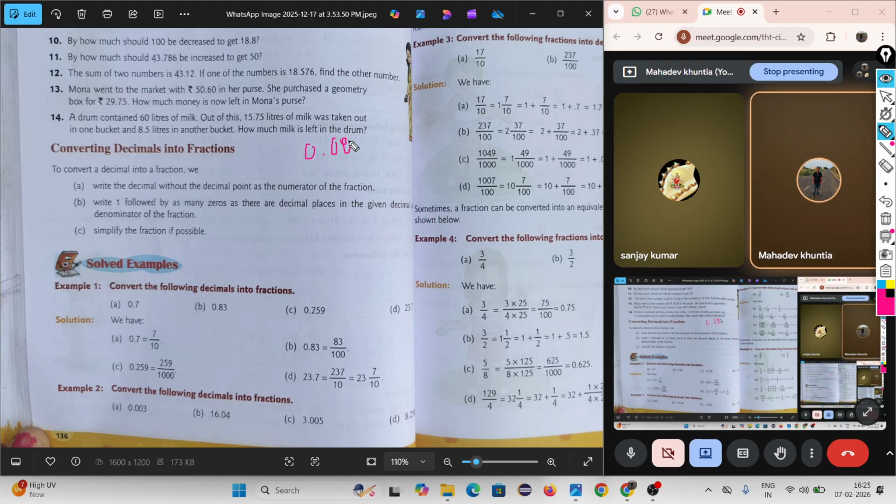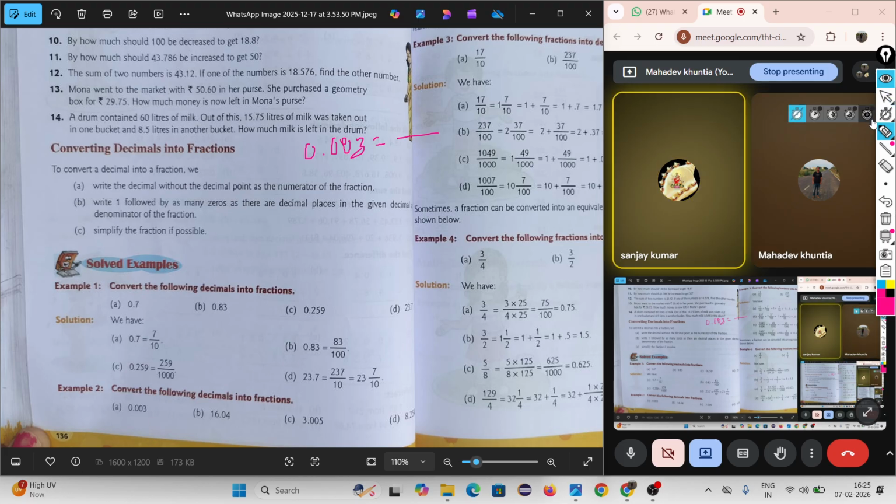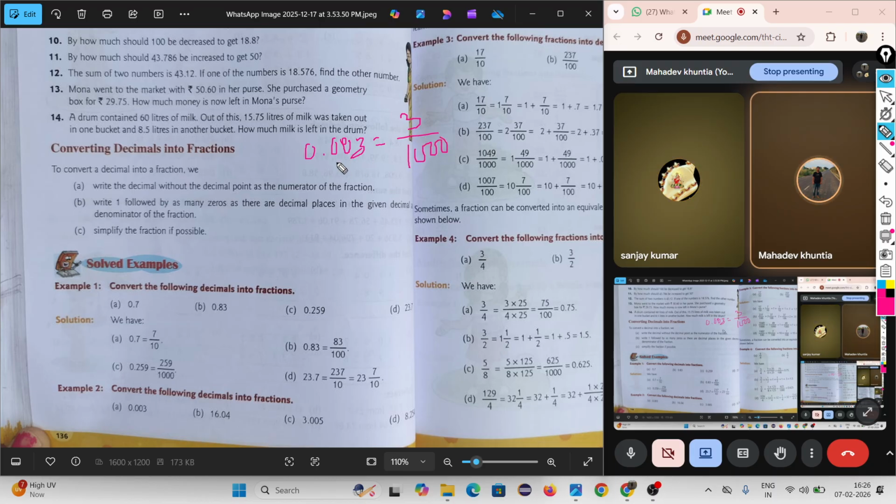0.003. Now you tell me, after converting the decimal into fraction, what is your fraction? 3 upon 1000. Why are you putting 3 zeros? Because here decimal places are 3.